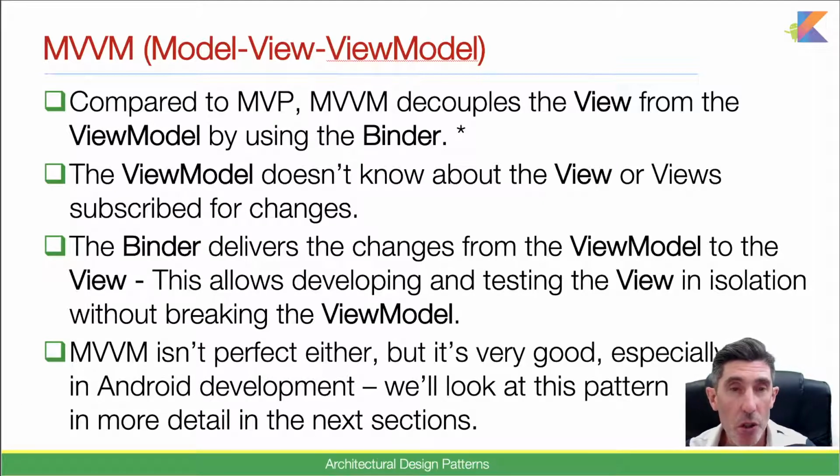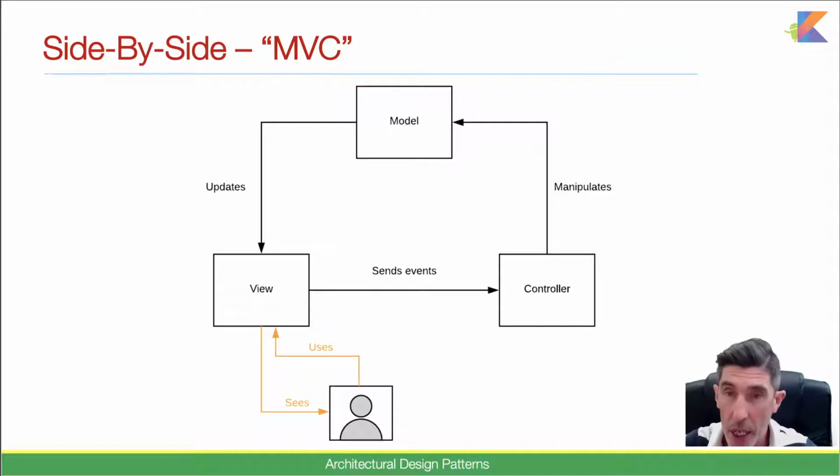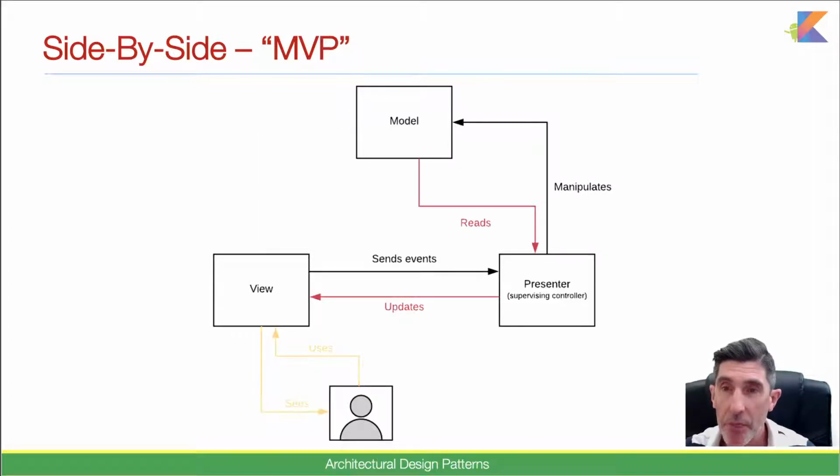Okay, so if we compare all our graphics together, the different design patterns. There's the original model view controller, like that kind of triangle, but there's our model talking directly to the view, which is really not ideal as applications get more and more complex. Our MVP tries to shift that. We bring in our presenter, our supervising controller, so we decouple the model from the view, but the view is still talking directly to that controller.